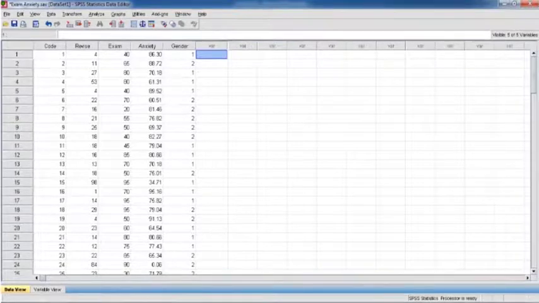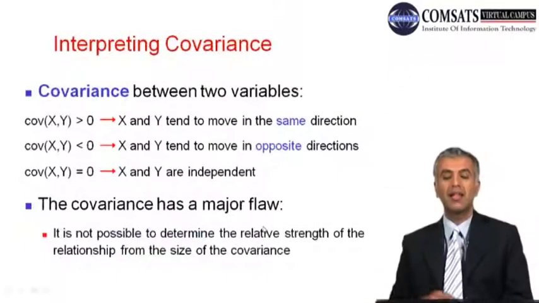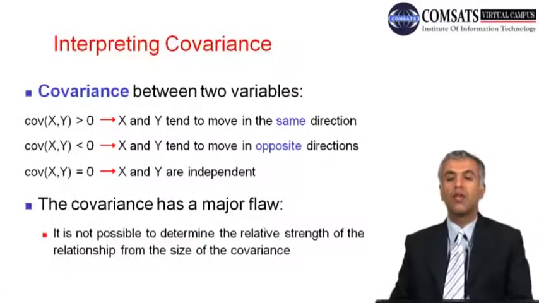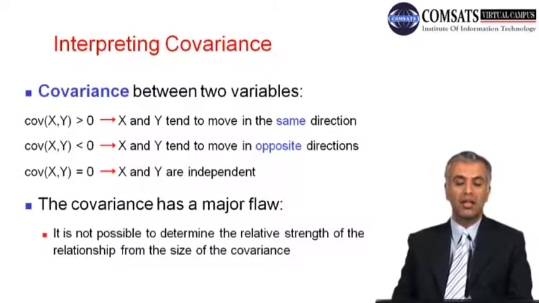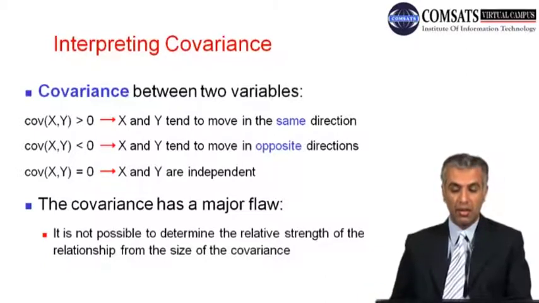So covariance is not that much reported between the two variables, because of the same flaw which we have discussed.